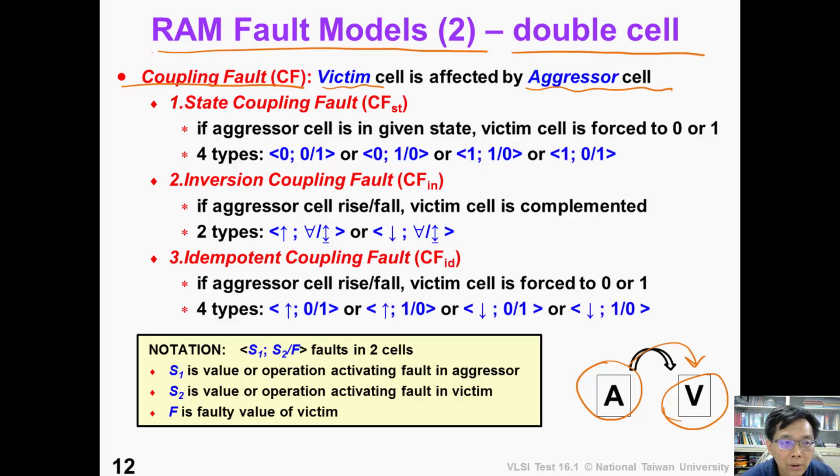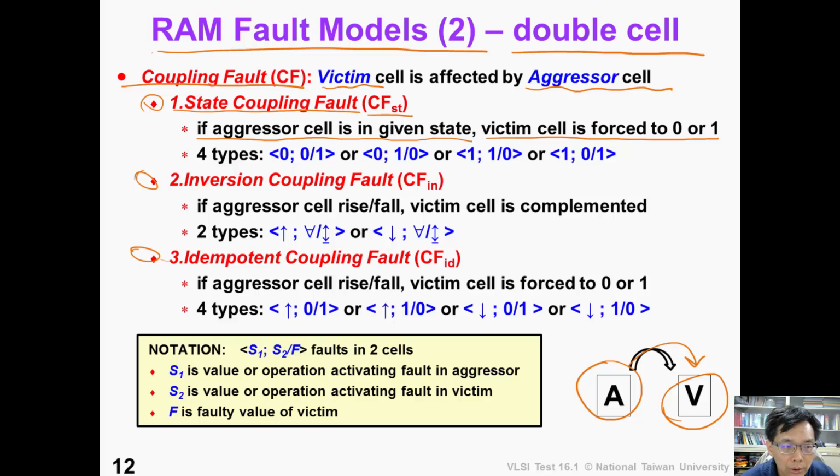There are three categories of coupling fault. The first one is state coupling fault, denoted as CFST. CFST means that if the aggressor cell is in the given state, then the victim cell is forced to logic 0 or logic 1.